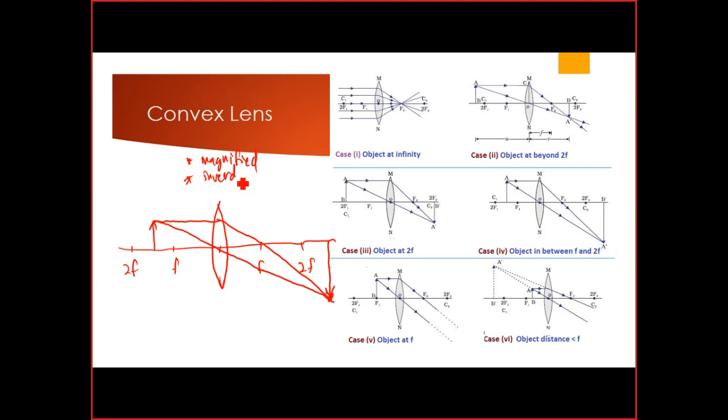And if you look at the distances, U is actually less than V. The distance of the object to the lens is less than the distance from the lens to the image. So these are the characteristics.